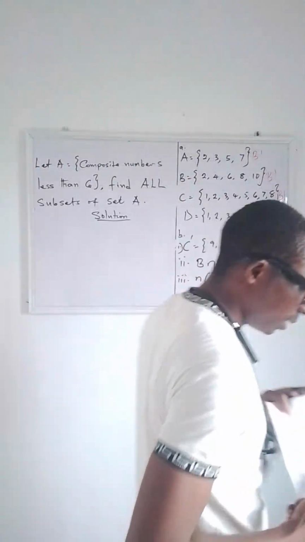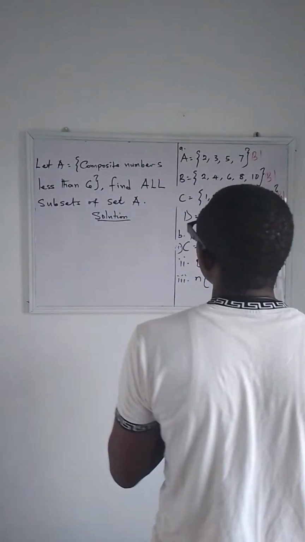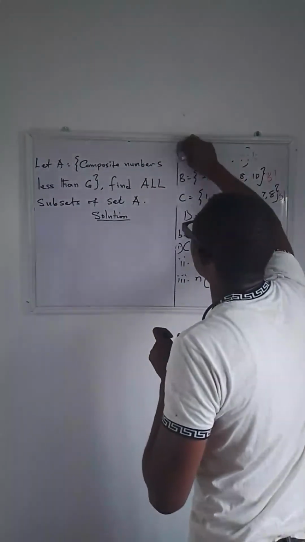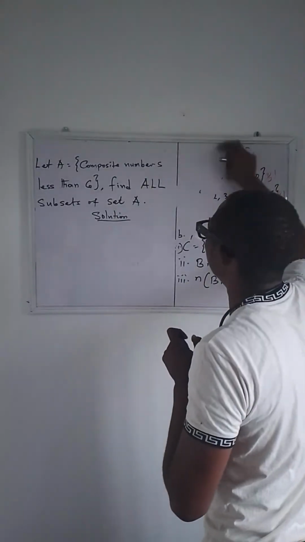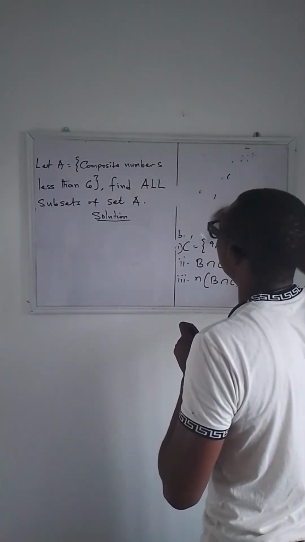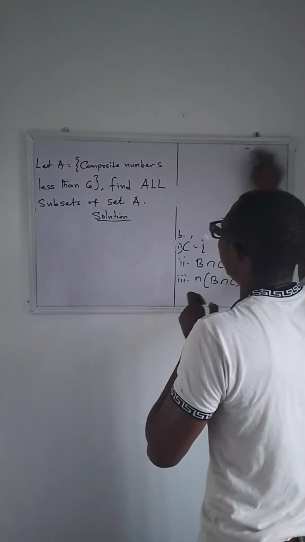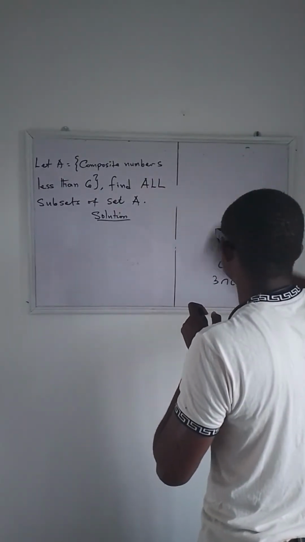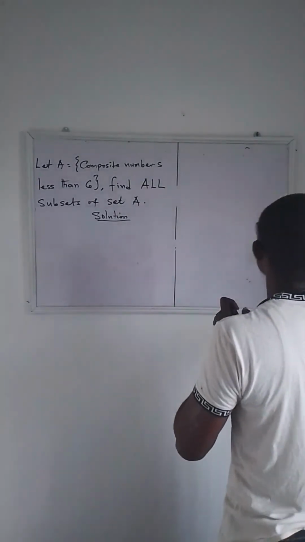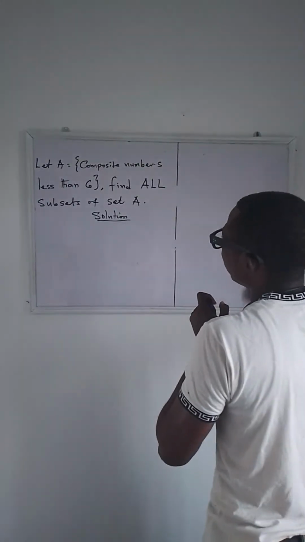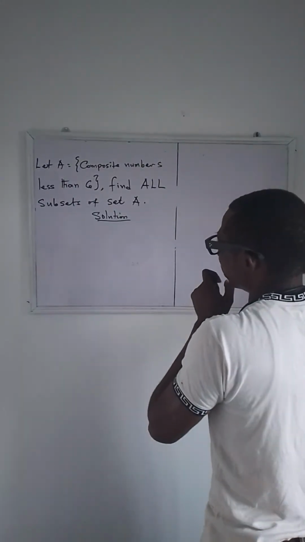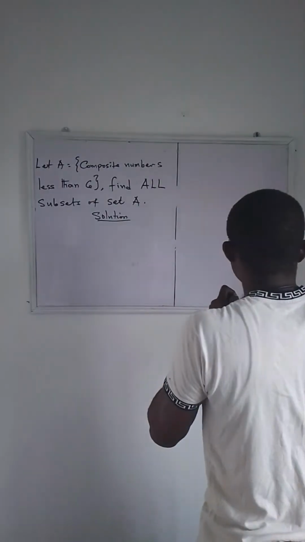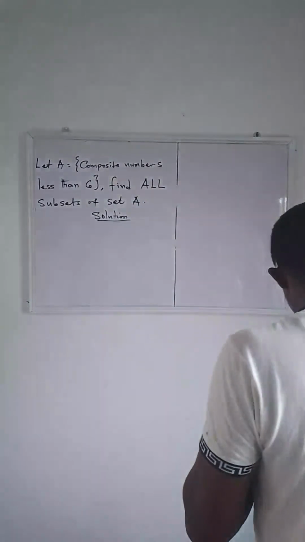Let's look at the next question on the board. Let A be the set of composite numbers less than 6. Now find all subsets of set A.